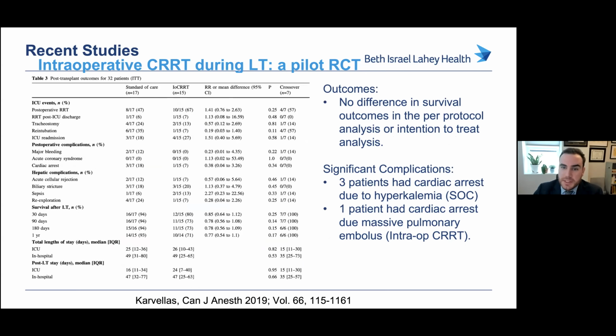It was only 32 patients, so there was no difference in survival outcomes in the per protocol or intention to treat analysis. And interestingly enough, there were 3 patients that had cardiac arrest due to hyperkalemia in the standard of care arm, and 1 patient had a massive PE in the intraoperative renal replacement group.